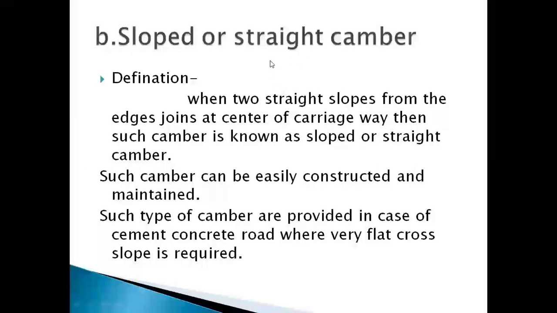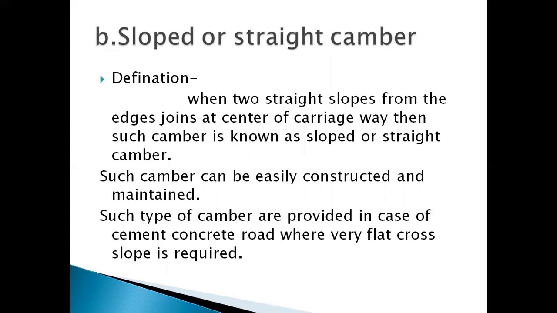Next is sloped or straight camber. Now see what is a sloped or straight camber. When two straight slopes from the edges join at the center of carriageway, then such camber is known as a sloped or straight camber.